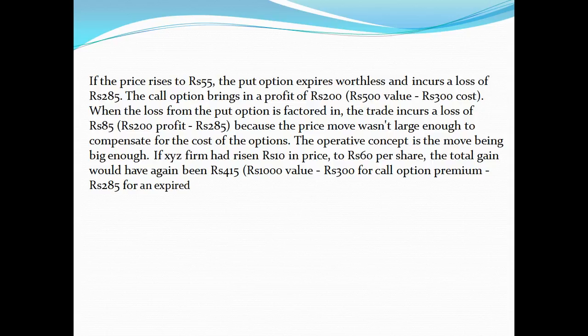The operative concept is the move being big enough. If XYZ firm has risen 10 rupees in share price to 60, the total gain would again be 415 rupees, 1000 minus 300 for the call option premium minus 285 for the expired put.